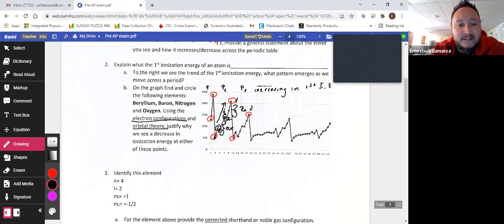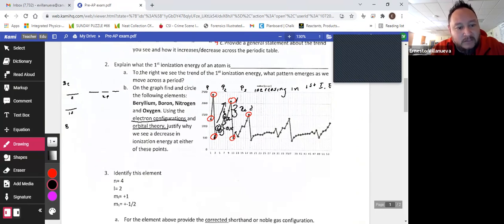Now, let's take a look at the electron configuration for beryllium, okay? So 1s, 2s, 2p. So this is beryllium.